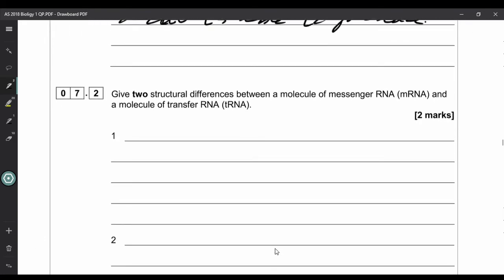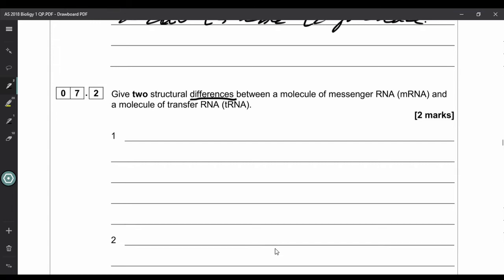Next part is give two structural differences between a molecule of messenger RNA and a molecule of tRNA. Now again, the key there is differences. So it isn't just enough to state a structural feature of one of them. You've got to say how it's different to the other.